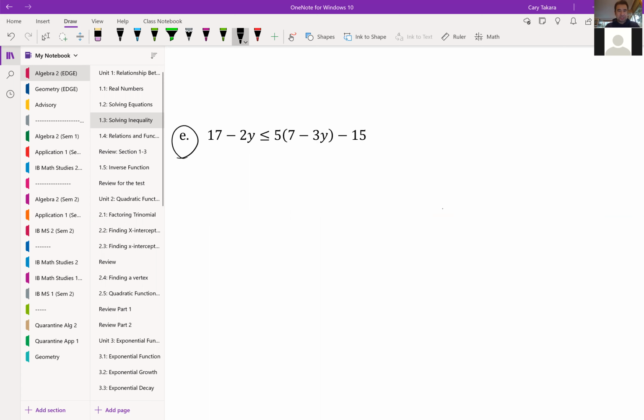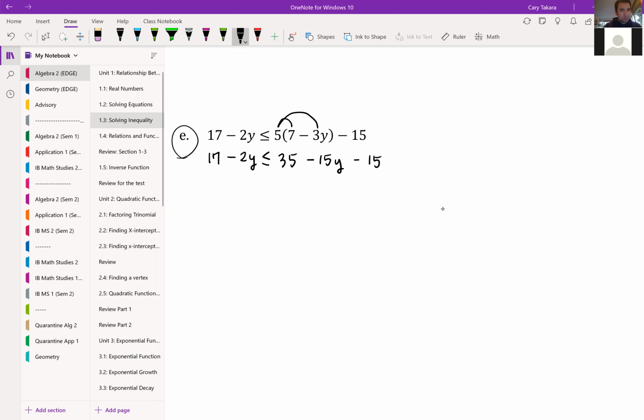Okay, how are you guys doing on this? Did you distribute 5 first? That's what I would do. Distribute. 35, 15y minus 15.